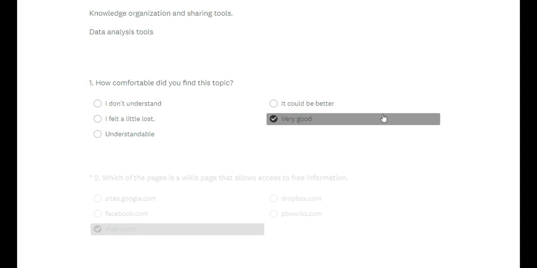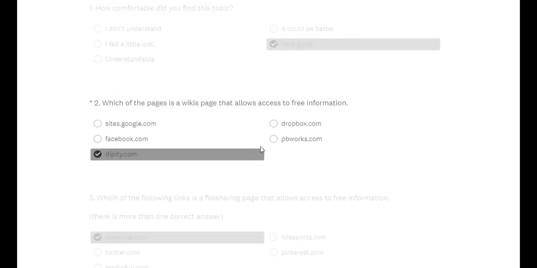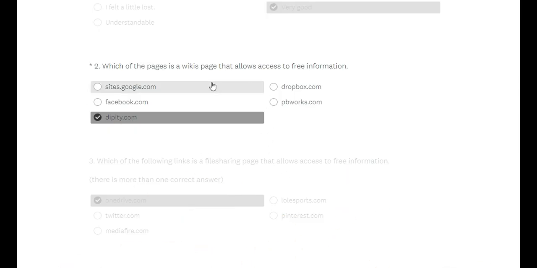So the questions that we have are very easy. First of all, it's a common question that allows the person to be more familiar with this. The next following questions are going to have the same structure. That is, which of the pages is a web page that allows for information?